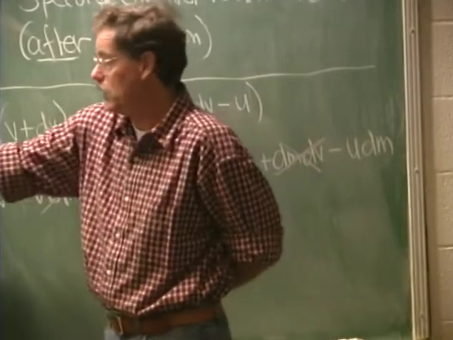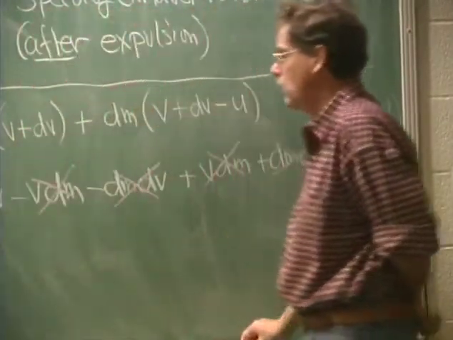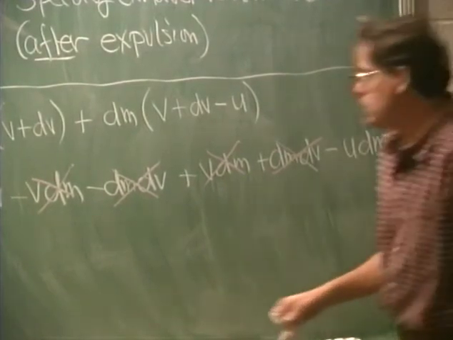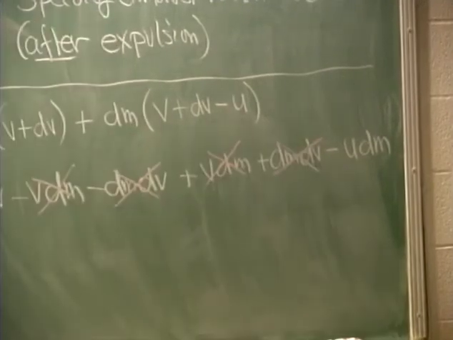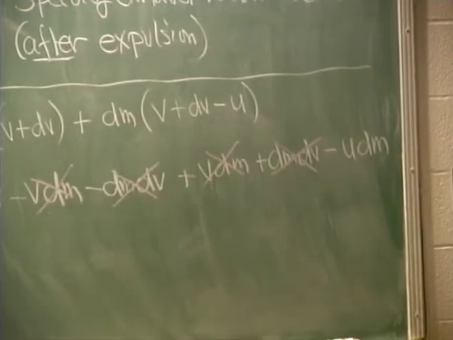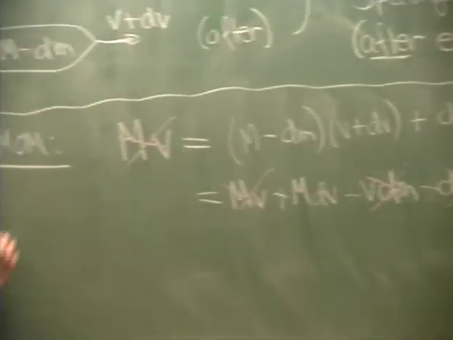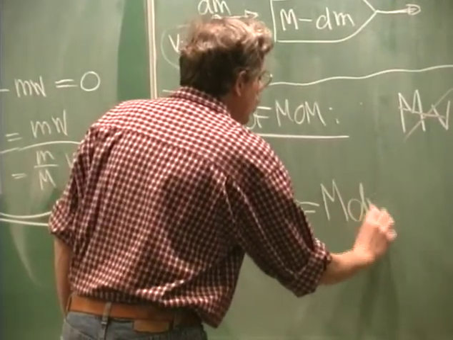Capital M v cancels. Conclusion, not too bad. This minus this is equal to 0, or in other words, u dm is equal to M dv.